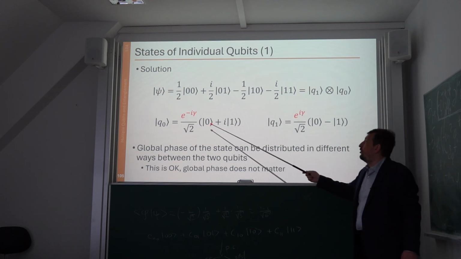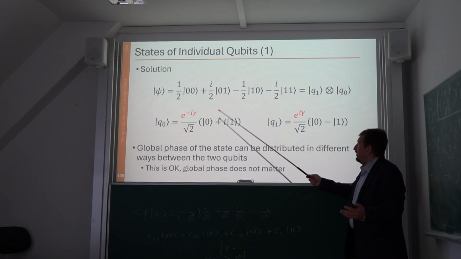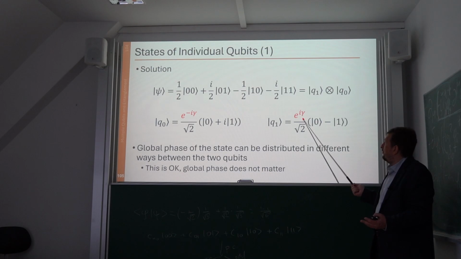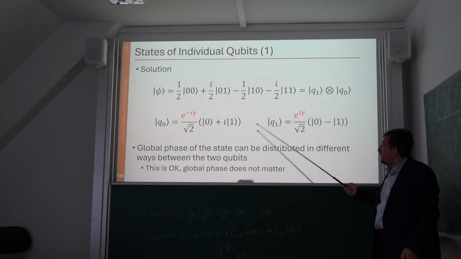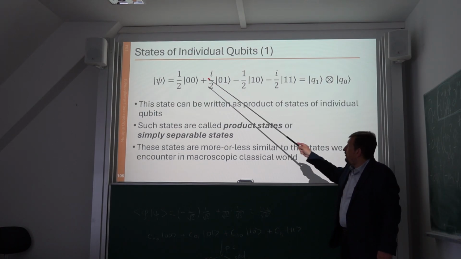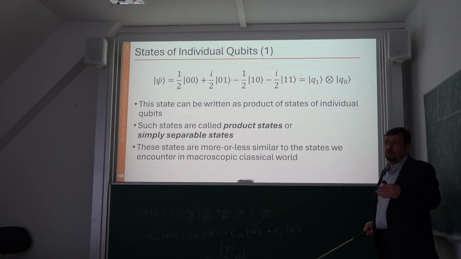But it is just a global phase for qubits. I can assign some global phase to one qubit and the opposite global phase to the other qubit. Well, anyway, this global phase doesn't matter. So everything is solved.